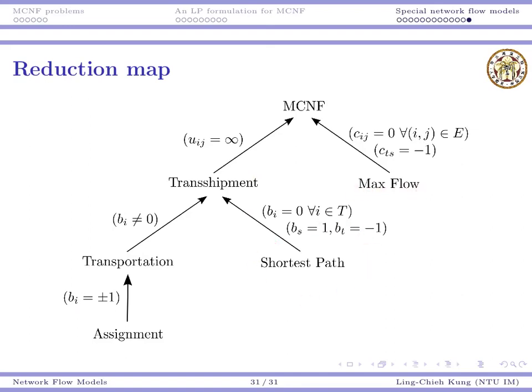Finally, the maximum flow problem is on another branch. There are arc capacities, of course, but there is no cost for all those original arcs. However, we add one artificial arc from T to S with cost -1. With that, maximum flow is just an MCNF problem.